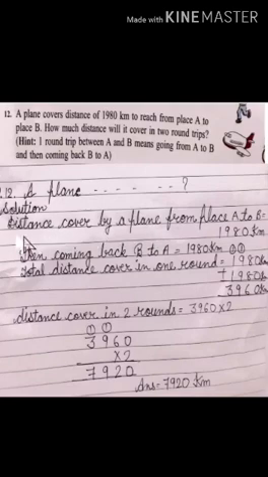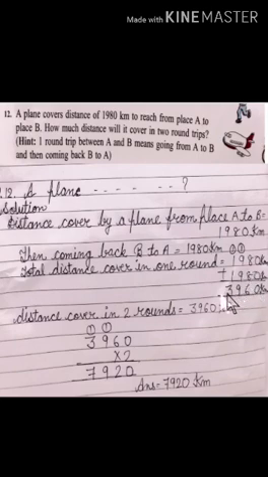Check it. Distance covered by a plane from place A to B is 1980 kilometers. Then coming back from B to A is 1980 kilometers again. Then the total distance covered in one round: you add both numbers, or you can multiply by 2.